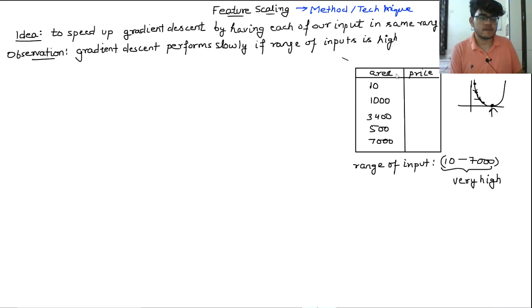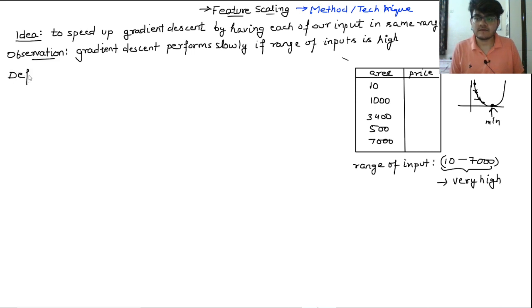If the range of the input is very high, then it does not matter what algorithm you're using, it is an observation that gradient descent will take a very long time to reach the minimum position. So that's why we are introducing feature scaling, because it is going to make this range shorter by using some mathematical formula, and then it will speed up gradient descent.